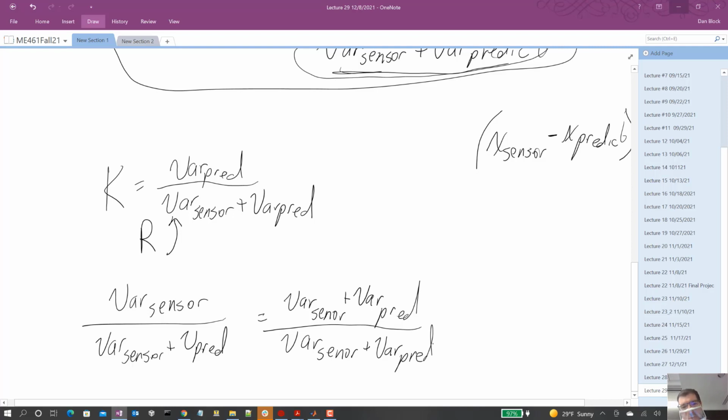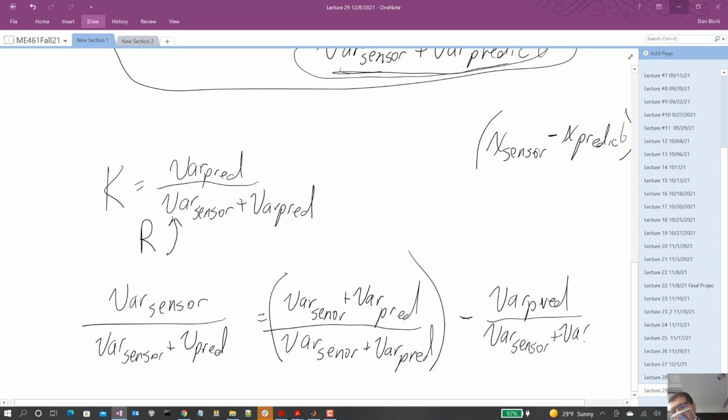See what I'm doing? This is 1 right here, obviously, right? So I made this term 1, and if I subtract from that the variance of the prediction over the variance of the sensor plus the variance of the prediction, what I just did, I pulled out K here, look at this.